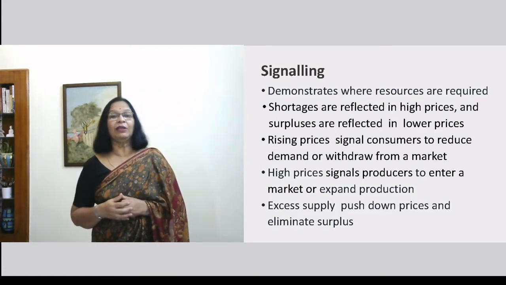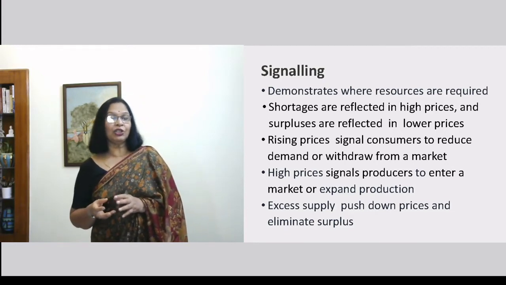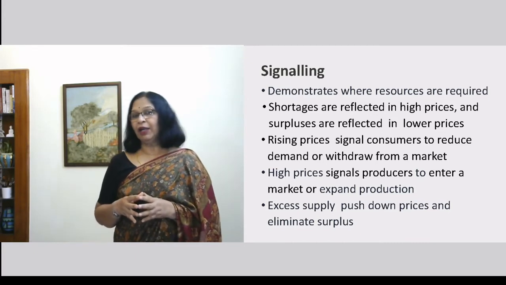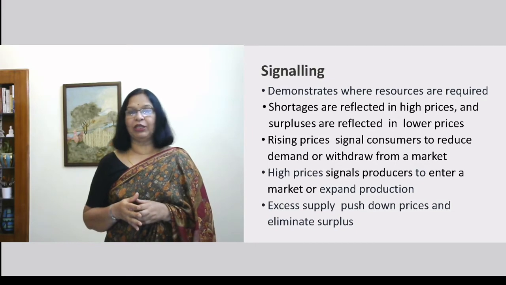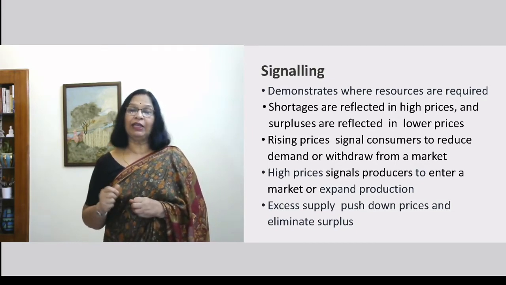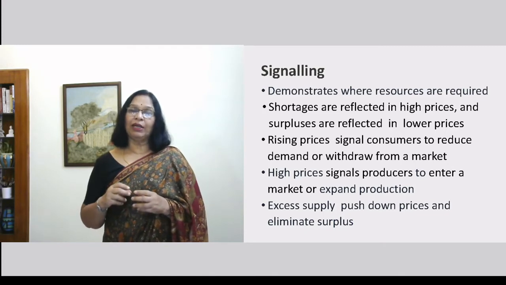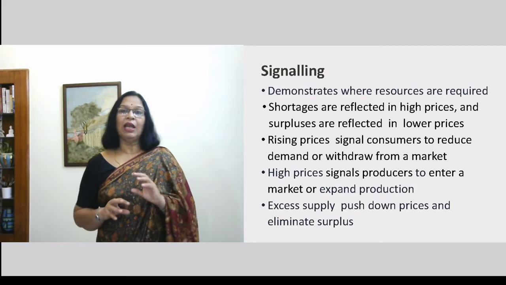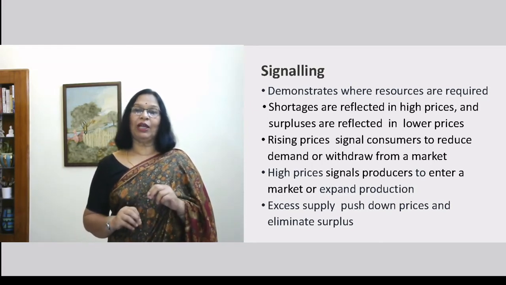On the other hand, when the prices are high, it indicates to the producer that there is a shortage of goods in that particular market, and therefore there is a need for increased production of those commodities, or a need for expanding the production. So in this way, the market will experience increased production of those goods where there is a shortage, and fewer goods where there is less requirement of that good.